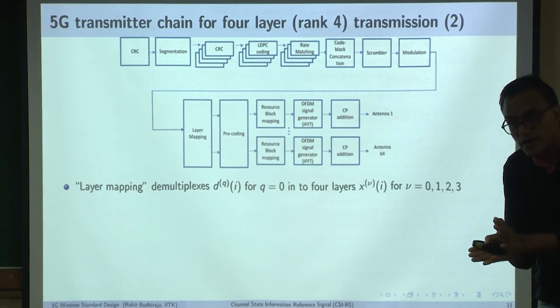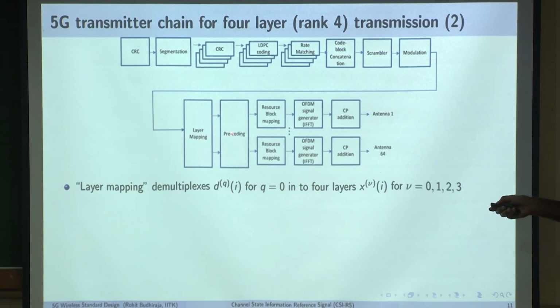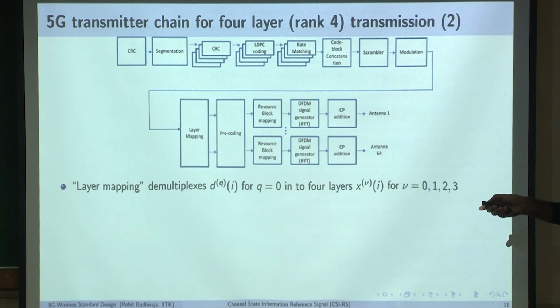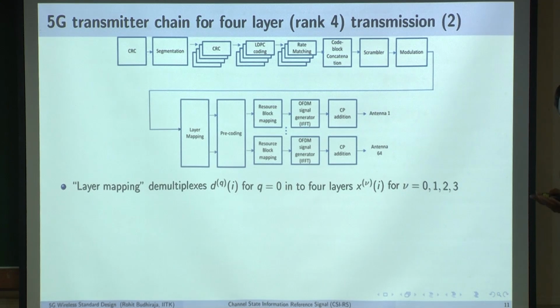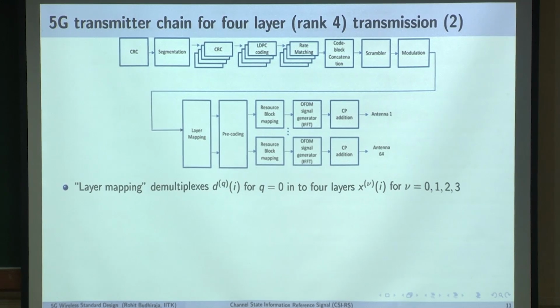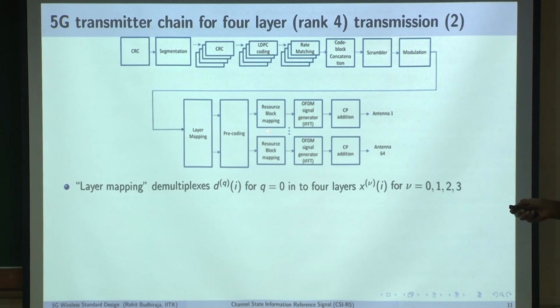You have 64 antennas. So you take this precoded signal. What is the length of this precoded signal? Each one of them is a 64 cross 1 vector. If MIMO was not being done, it was 1 cross 1. You were mapping over one resource block grid, taking the IFFT, CP, then doing it over one RF chain.